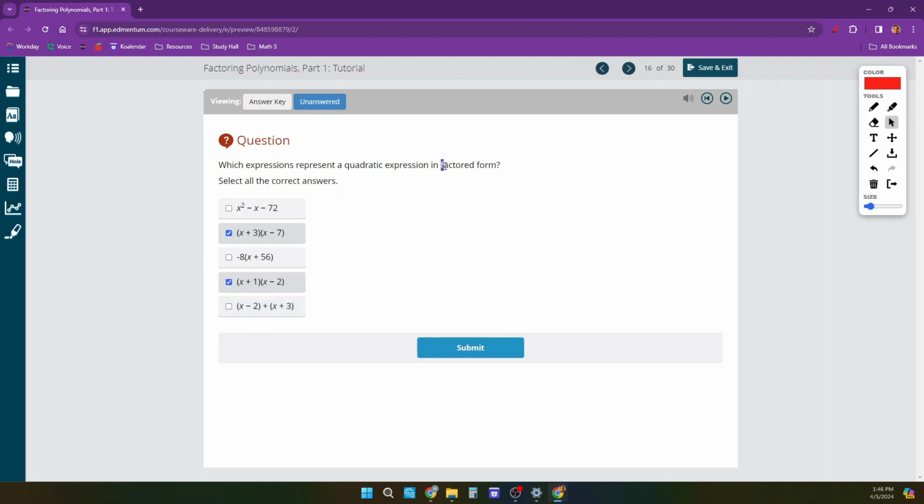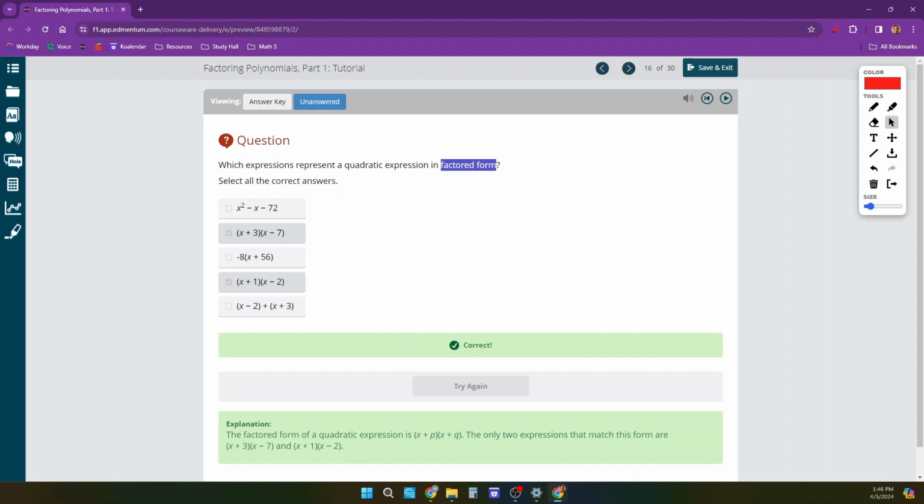So it's not factored because they're not separated via multiplication, or they're not linked by multiplication. When you have a polynomial, or specifically a quadratic, in factored form, it should be two polynomials that are being multiplied by one another. So submit, and we absolutely got it correct.